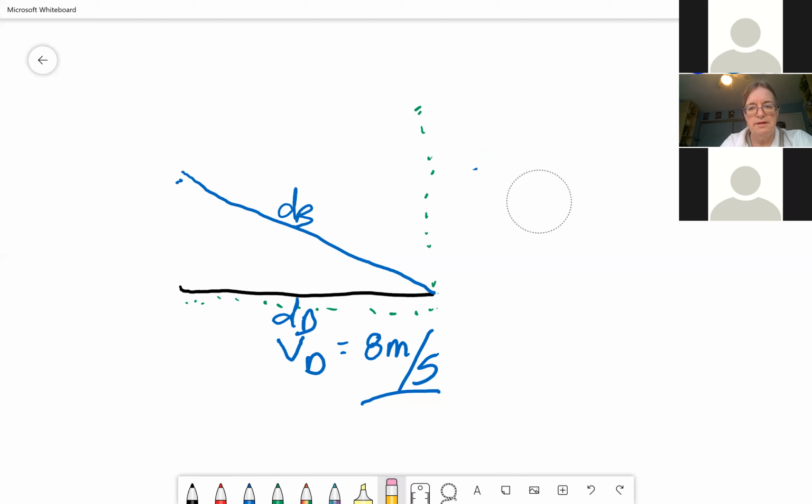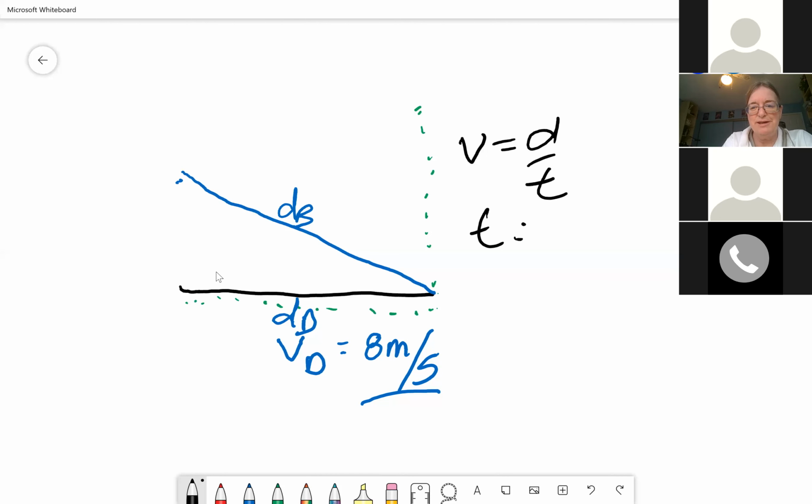So let's just rearrange. Velocity equals distance over time. So time equals distance over velocity. I had it upside down. And again, as soon as I would have done it, I would have gone, whoa, I have it over time instead of time itself.